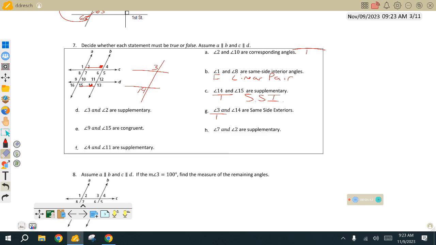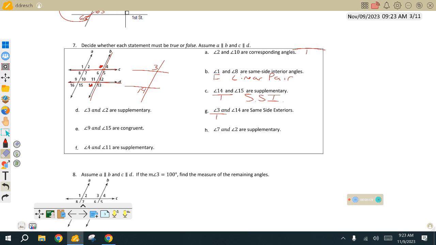No. So you're pretending A is invisible. It's not even there because A has nothing to do with 3 and 14 in that problem. 3 and 14 are made up, again, of two lines, CD with the transversal of B. Okay? That's kind of a tricky one.